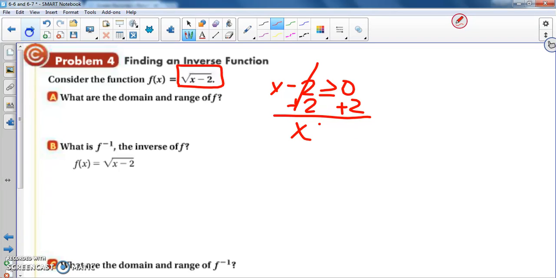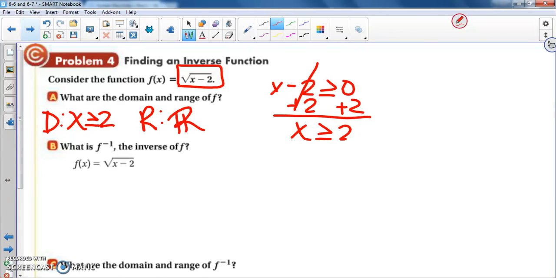So x is greater than or equal to 2. And what numbers can we get from a square root? We can get positive, we can get negative, and we can get 0. So our y values, or our range, is all real numbers.